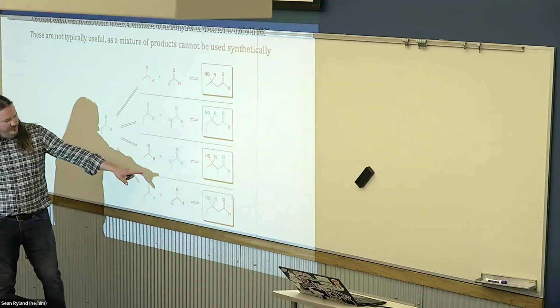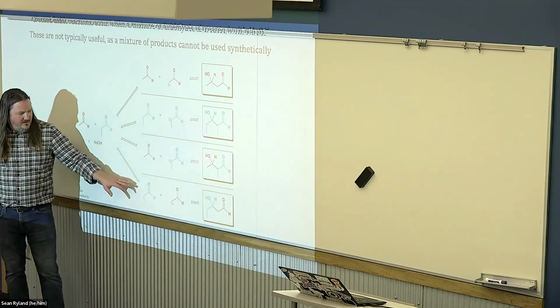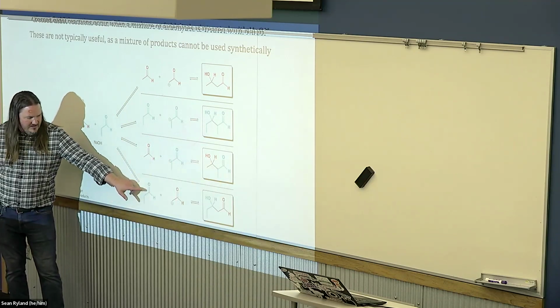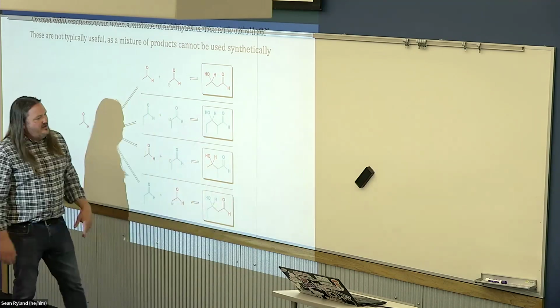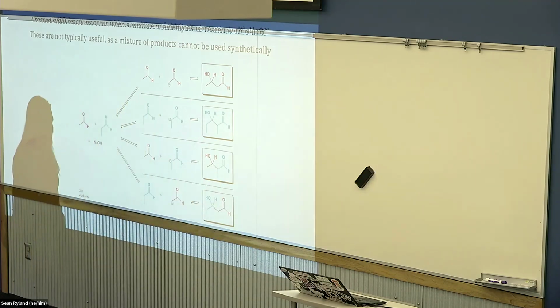If we switch those, we turn the ethanal into the enolate and have it attack the carbon here, we don't have a methyl group. So even though it's a beta hydroxyaldehyde, it's not the same beta hydroxyaldehyde because of the position of the methyl group.